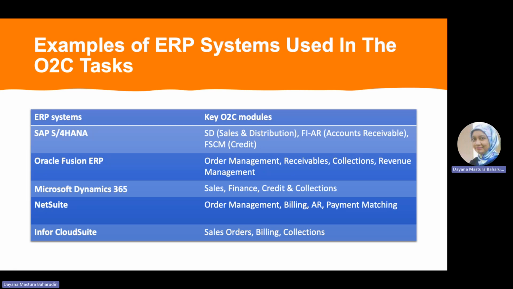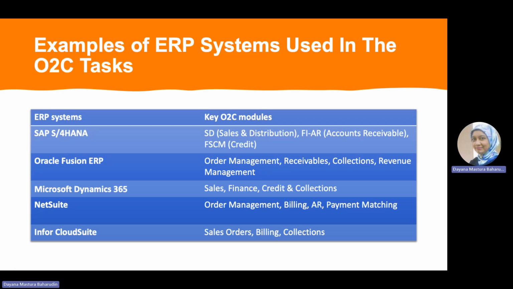Okay, examples of ERP systems used in the O2C tasks. You would see a lot of SAP, but I wouldn't be biased, because some companies are still using Oracle. So we would have SAP, or the latest one would be SAP S/4HANA. The modules involved will be sales and distribution, accounts receivable, and credit.